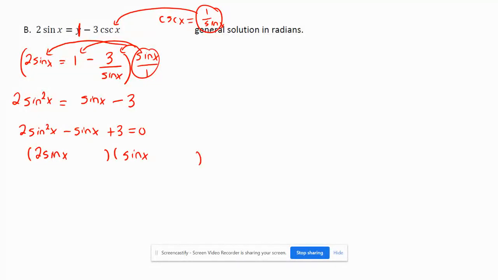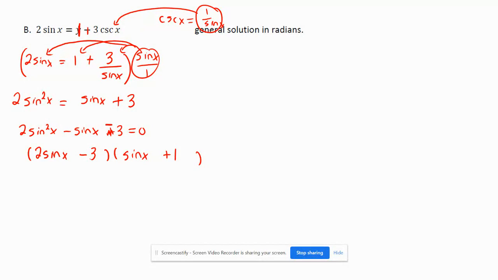Guys, there's supposed to be another typo, my mistake. This should have been a plus 3 cosecant x over here. And that means this is going to be a minus 3. And now I think this will work. So this is going to be a plus 1 minus 3. And this will factor properly now. Sorry guys, like that. So this makes sense now.